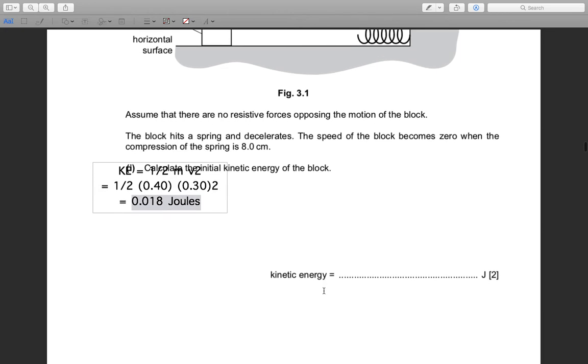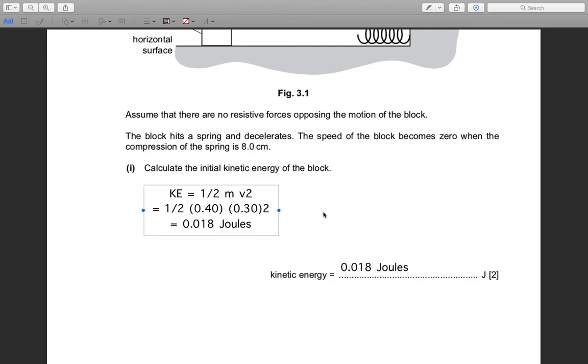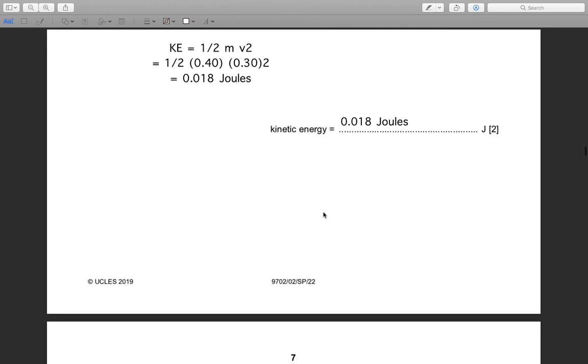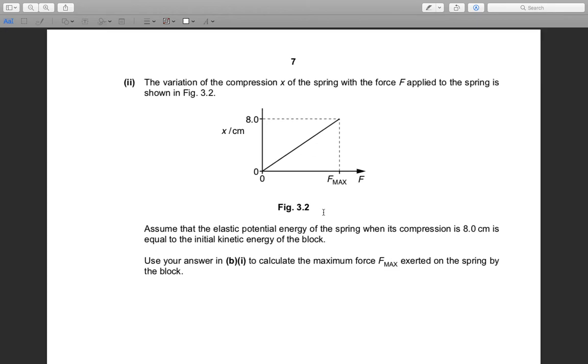The kinetic energy is 0.018 joules. Then continue to part II. The variation of the compression X of the spring with the force F applied to the spring is shown in figure 3.2.